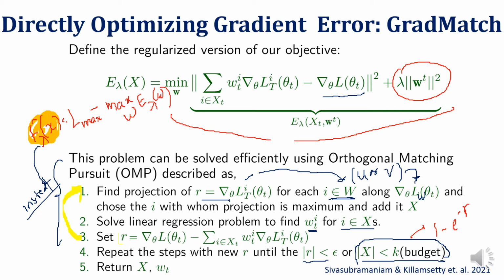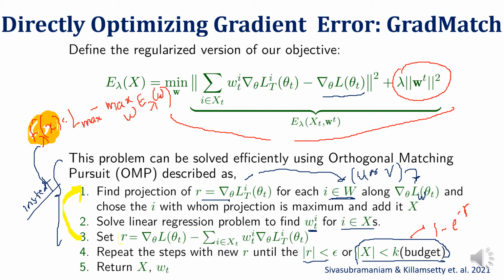Now what you do is look at the projection of this error term for each element i in that set W. The projection is measured along the gradient of the loss with W, which is U or V. You choose that element i with which the projection is maximum and add that element to X. So this is for every element i in W.